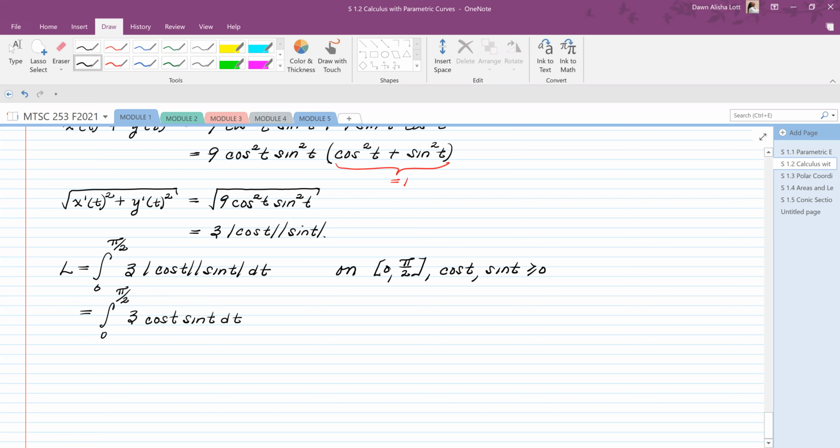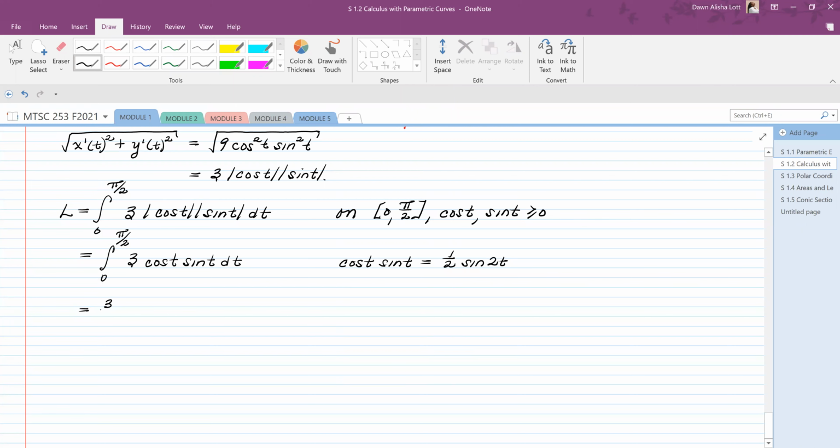So there's several different ways that you can do this. You can let u be cosine, du be sine. You can let u be sine, du be cosine, or you could say that the cosine of t times the sine of t is 1/2 the sine of 2t. There's so many ways to integrate this. So I'm going to integrate it this way and just make this 3/2 the integral from 0 to pi over 2 of the sine of 2t dt.